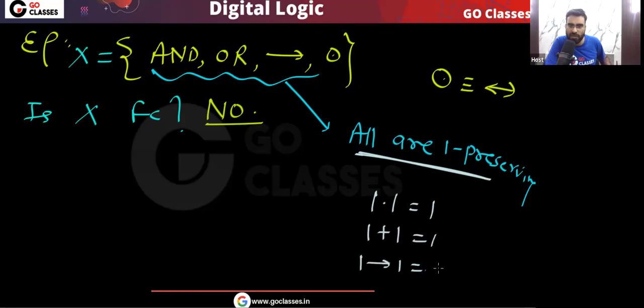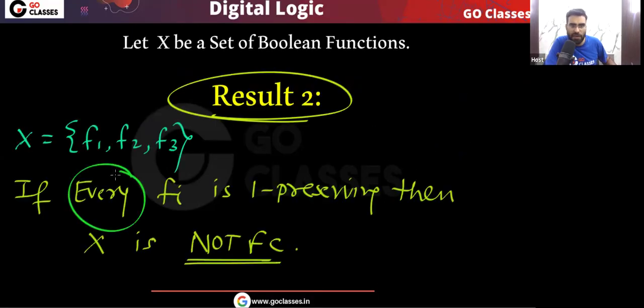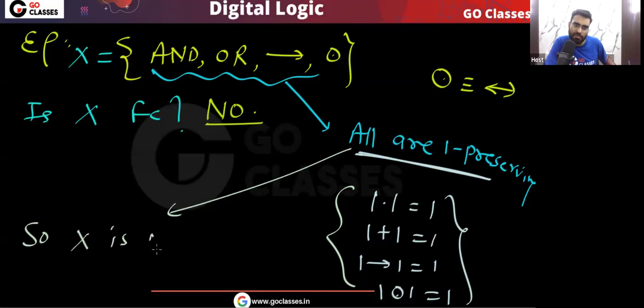Implication is one preserving. XNOR is one preserving. So did you notice all are one preserving? And this is the result: if every fi is one preserving, then X is not functionally complete. So because all are one preserving, X is not functionally complete.